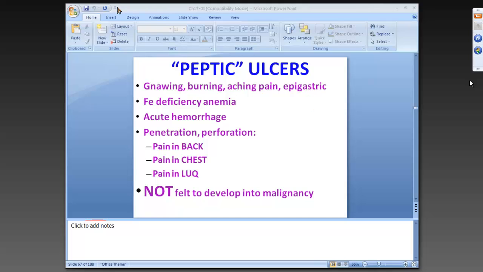Now, let me ask a poll question. I know that most of you folks are nurse practitioners, nurses, PAs. Somehow you have been in the medical profession for some time now. Who has not yet seen or referred a patient who has had a peptic ulcer?